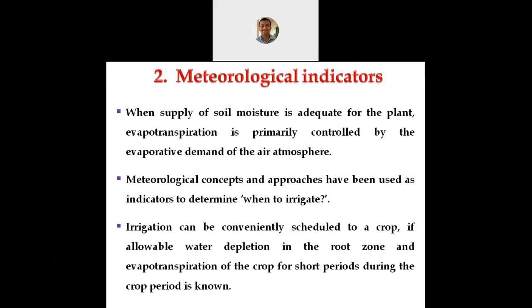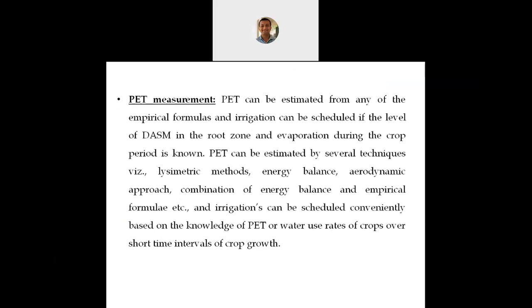This is basically dependent on meteorological indices like the temperature, the wind speed, or the humidity present in the atmosphere. This is not a direct measurement of the soil moisture status, but here we quantify the amount of evapotranspiration that is occurring in the atmosphere, and based on that we schedule the irrigation.